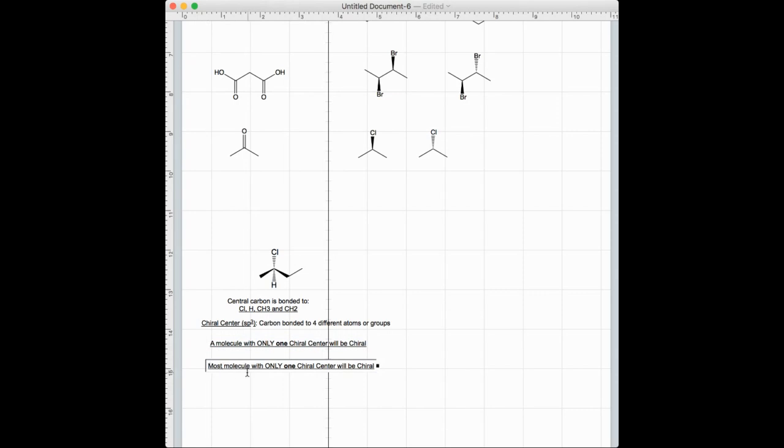But most molecules with no chiral centers will be achiral. Okay? And I'm going to give you an example now. So once again, I'm going to give you an example to compare both.